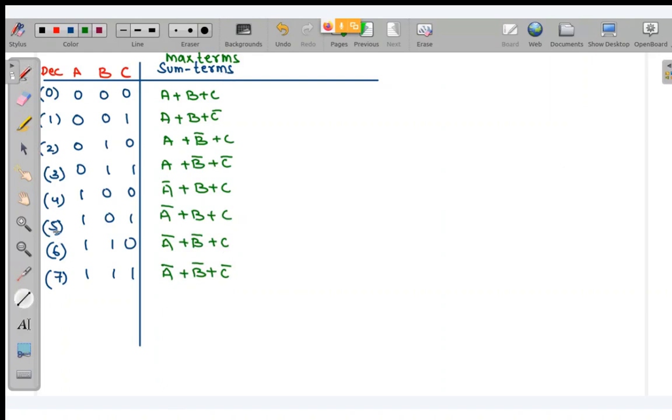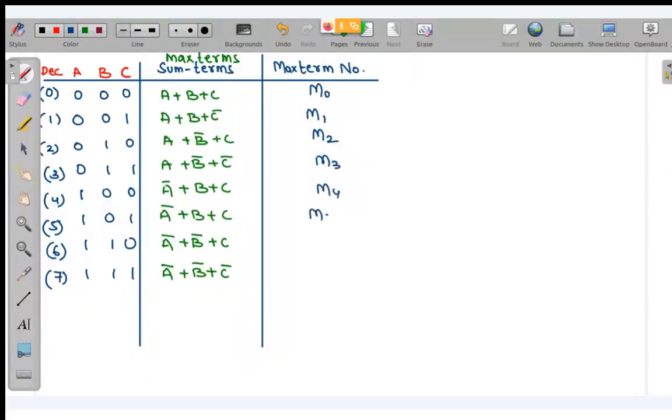Now if I want to represent it in max term numbers, so max term numbers are represented in capital M. So this will be capital M0, capital M1, capital M2, capital M3, capital M4, capital M5, capital M6, capital M7.